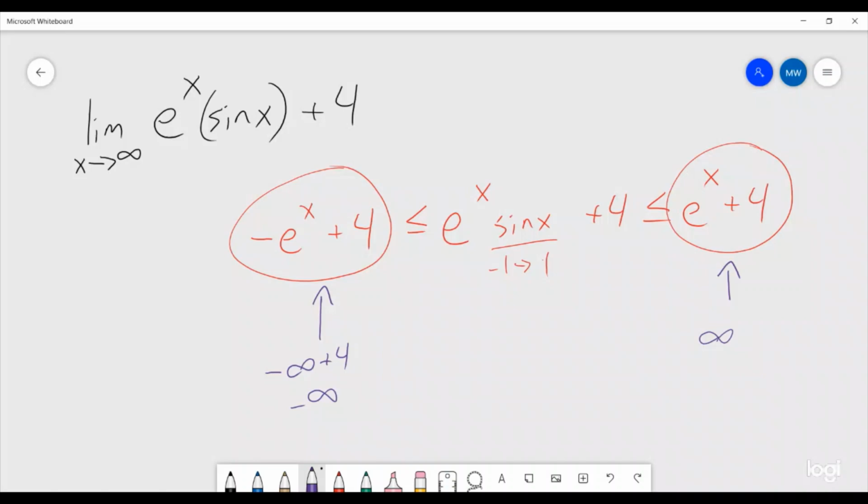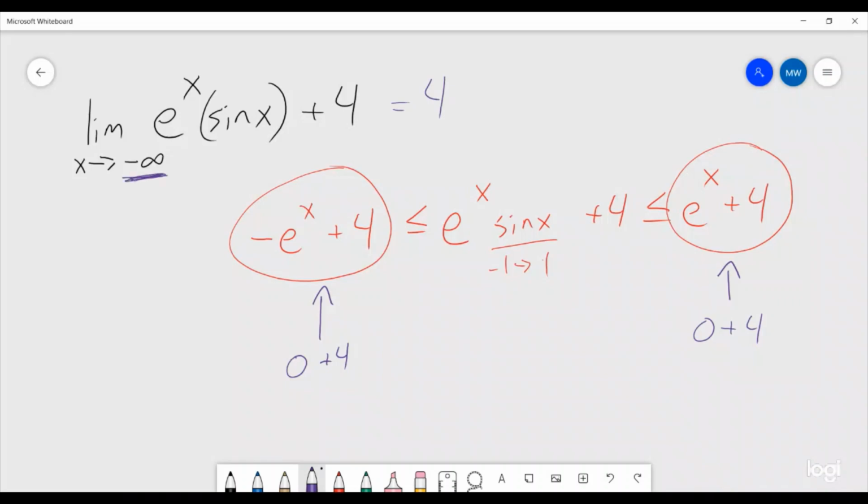But what we could do is change the limit just a little bit, so it becomes the limit as x goes to negative infinity. Well, e to the negative infinity is close to 0. So instead of going to infinity, this is going to 0, and this other one is also going to 0 plus 4. So both of these are going to 4 if it is negative infinity.